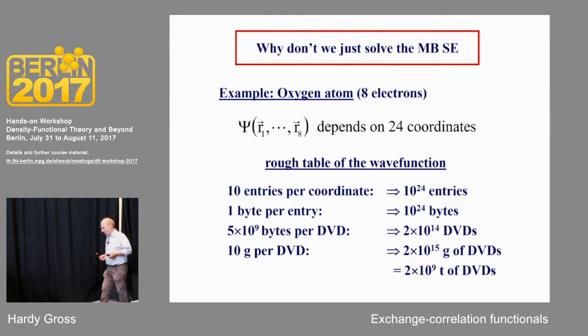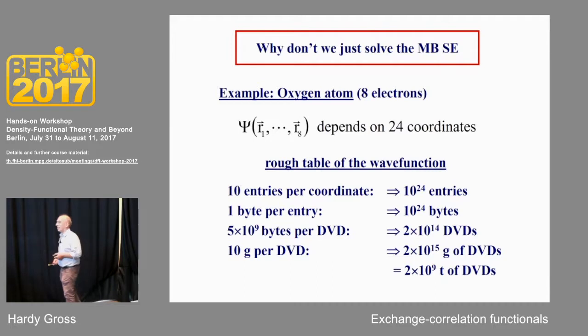So let's think of one particle, hydrogen atom, right? So we have x, y, z, and let's say we discretize in x direction 10 points in space, y direction 10, z direction 10. So this is 10 times 10 times 10, 1,000 points on which we have to store the wave function.